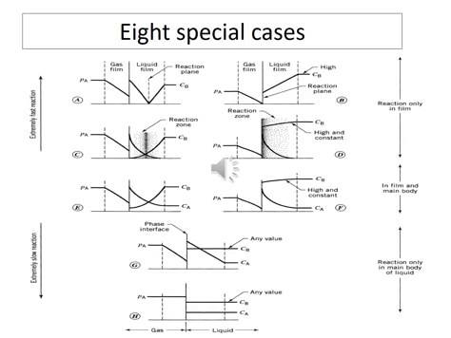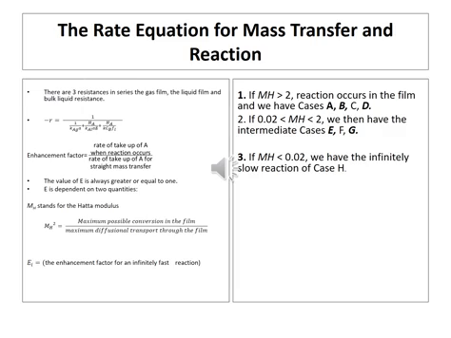And as you go down, the reaction becomes slower. It gets to a point where it's taking place in a reaction zone. And it gets to a place where the reaction is taking place not in the film but in the bulk liquid. There is a term called the Hatta number and an enhancement factor.